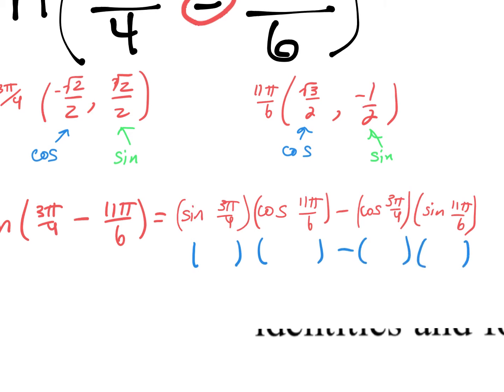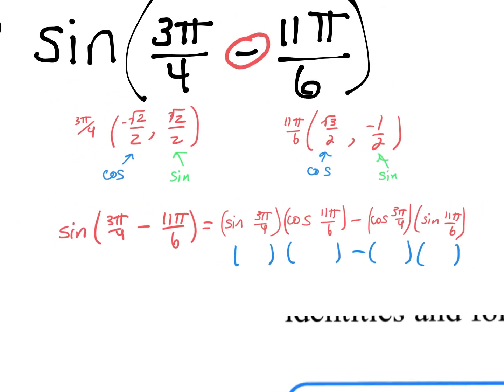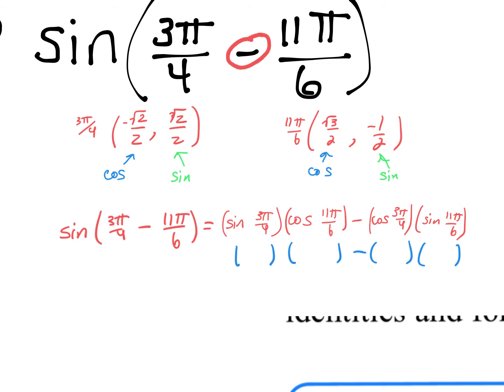What is the sine of 3 pi over 4, guys? I have an arrow pointing to it. What's the sine of 3 pi over 4? Square root of 2 over? Perfect. What is the cosine of 11 pi over 6? Square root of 3 over 2. Minus, what is the cosine of 3 pi over 4?